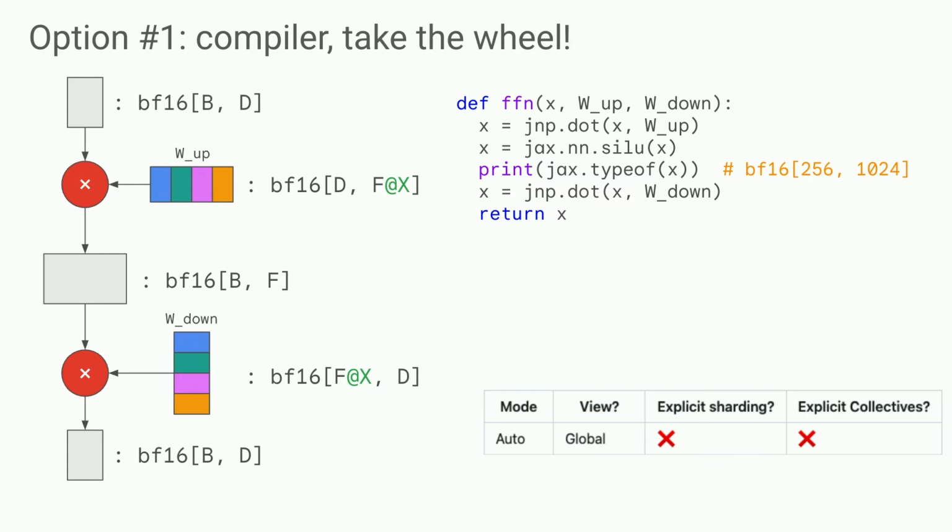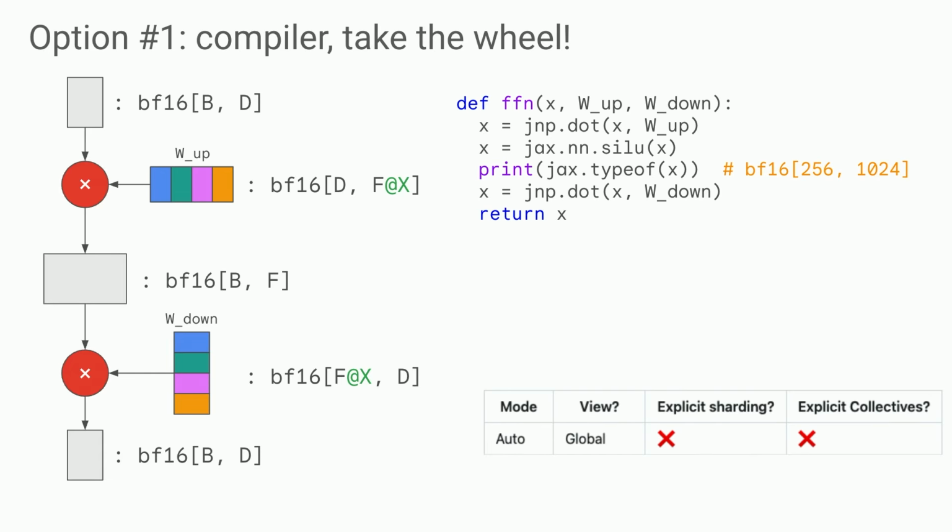How do you choose? So one option, JAX gives you options. One option is like, shut up, I don't want to think about this right now. I'm in research mode. Just let the compiler figure this out. I'm sure it has heuristics that'll do decently well, and I could get some initial results. So that's this automatic sharding mode that JAX has. And here's the way you would write the code for this. It looks like the code on the first slide.